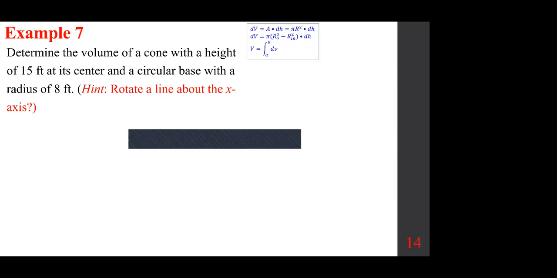You might use a line about the x-axis, or you might decide to create a line about the y-axis. I'm going to leave it for you to try, see if you can figure that one out. That is also doable.